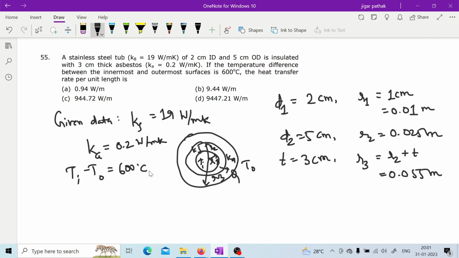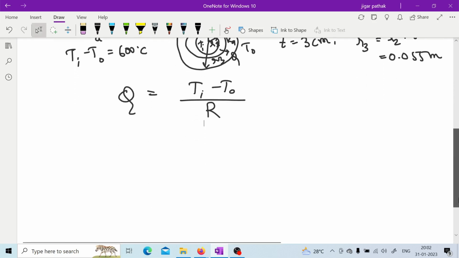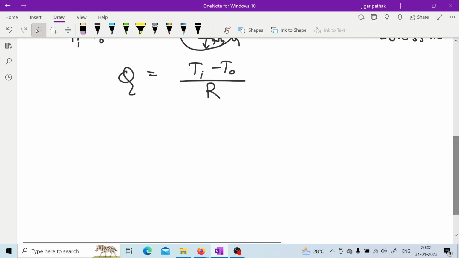So if you write the heat transfer equation first, it will be Ti minus To upon R. Here R will be the conduction through the steel as well as conduction through asbestos. Here we are not considering convection, only conduction is being considered. So R is R steel plus R asbestos.